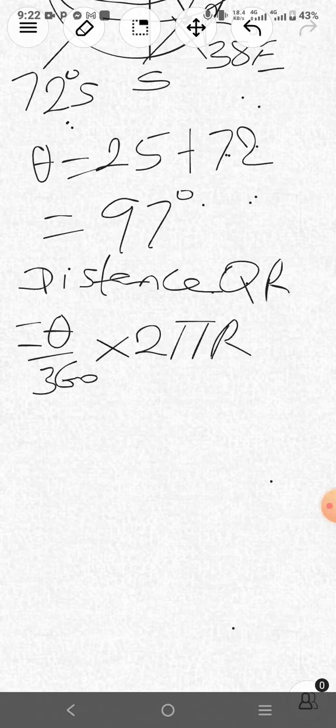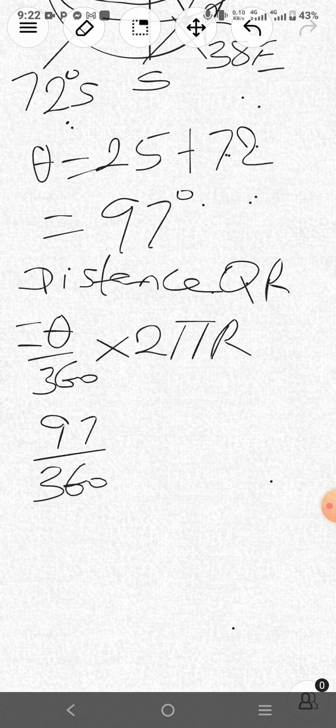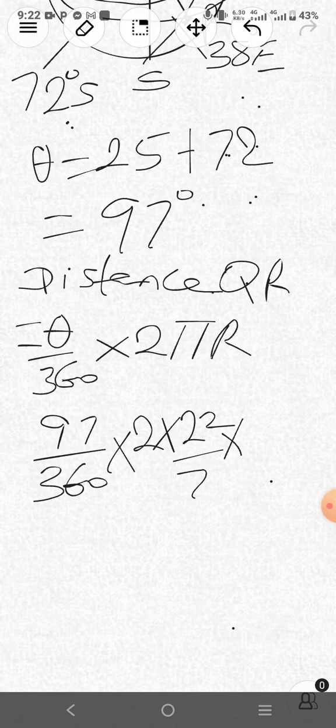So our theta is 97 degrees. So I will say 97 over 360 times 2, times pi, which is 22 over 7 as given in the question, times the radius, 6,400, the radius of the Earth.